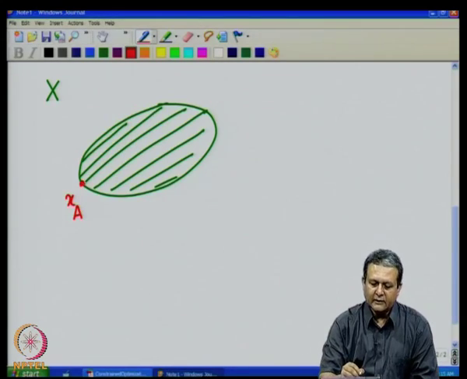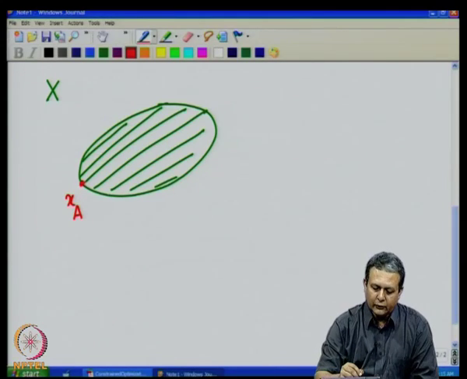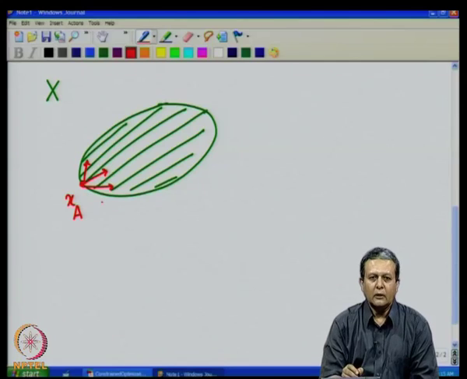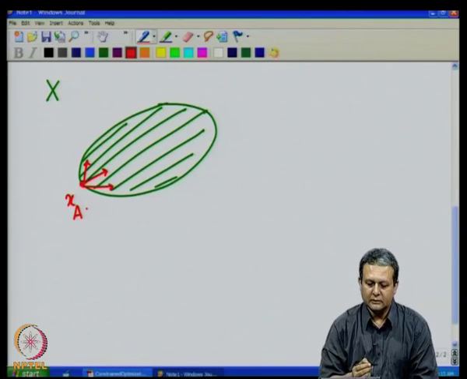At x a we are interested in finding out what are the feasible directions. You would see that some feasible directions are like this. If we make a small movement along these directions, we still retain feasibility of the set.